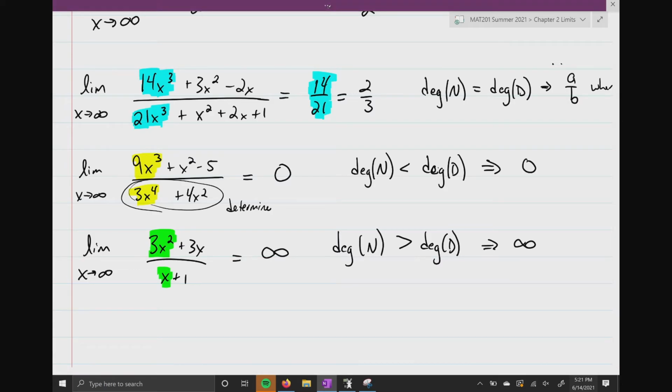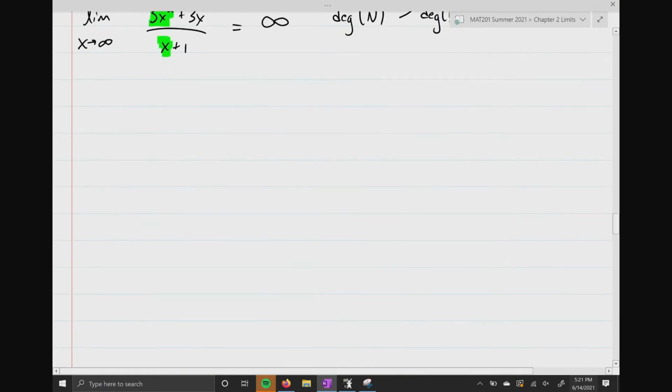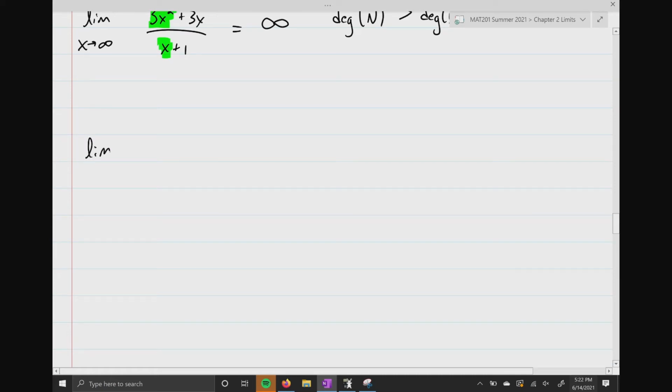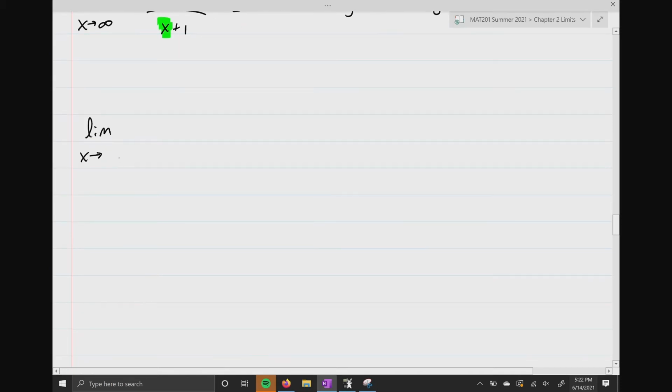So here's our last example here. We're going to take the limit as x goes to infinity of 15x to the second plus 3x plus 1 all over the square root of 9x to the fourth plus x to the third.